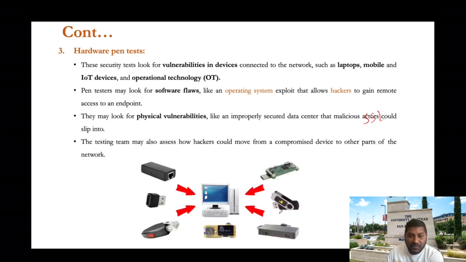They may use some external hardware, like ports such as RJ45 connectors, either connecting through cables or through wireless connections to gain access to your network. Once any device is compromised, the hackers can try to get control of other devices connected in the network.